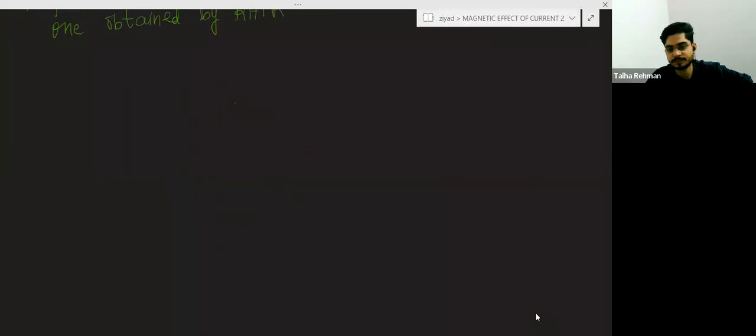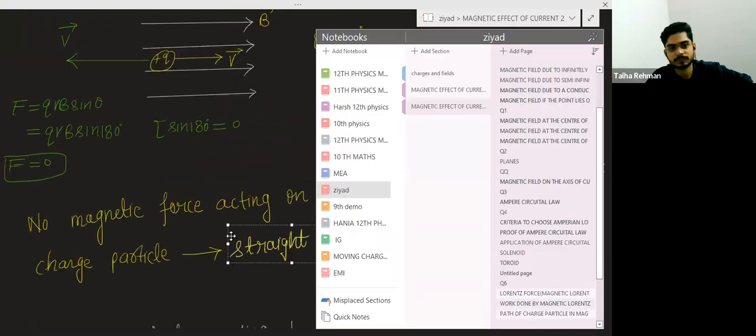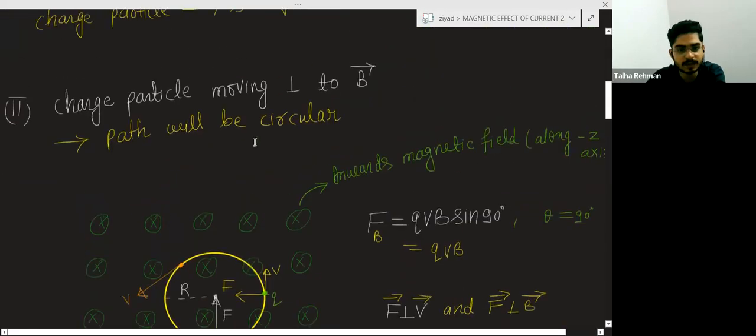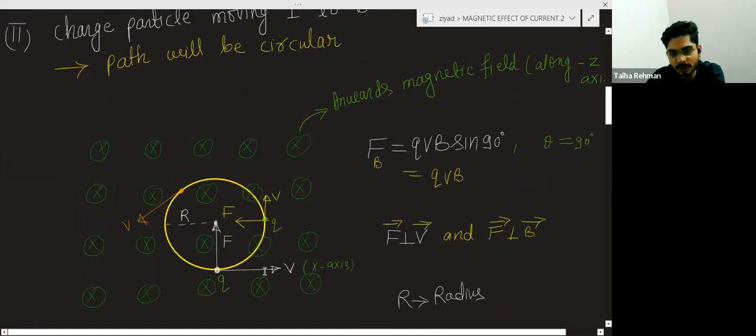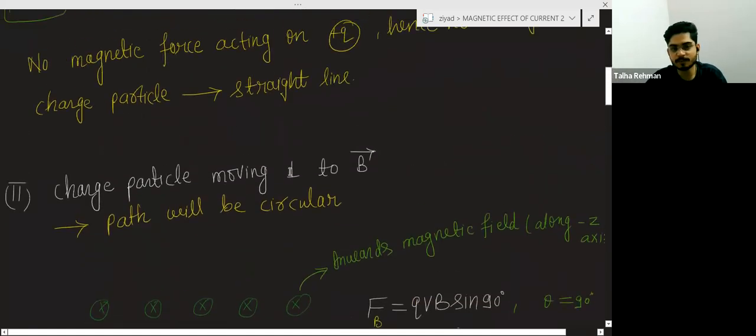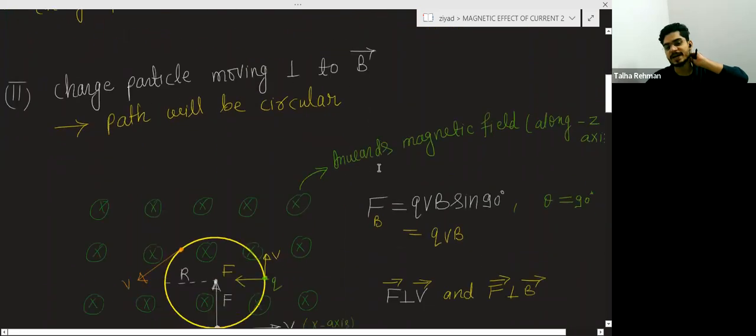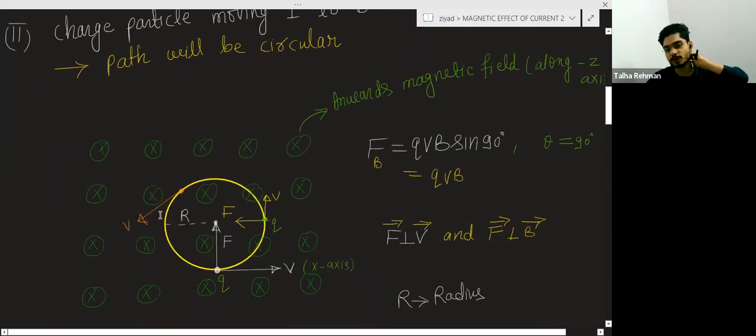Here, this is the velocity and the magnetic field is along the z axis, so the magnetic field and the velocity are perpendicular. A charged particle moving perpendicular to the magnetic field will follow a circular path.